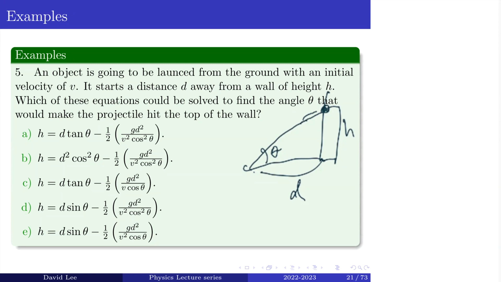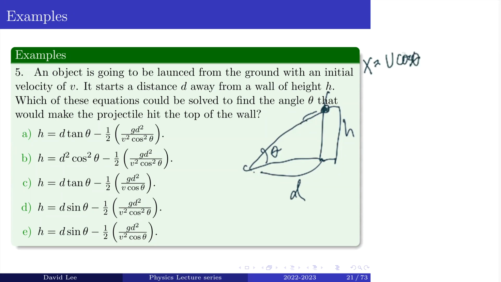So what happens in the x direction? Well, the x distance it travels is just going to be the initial x velocity, so v times cosine theta. That's the x component of the velocity.